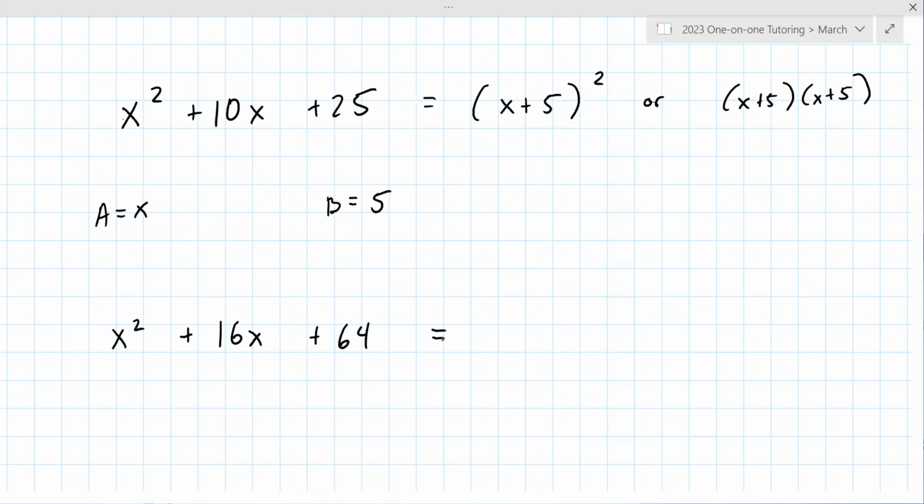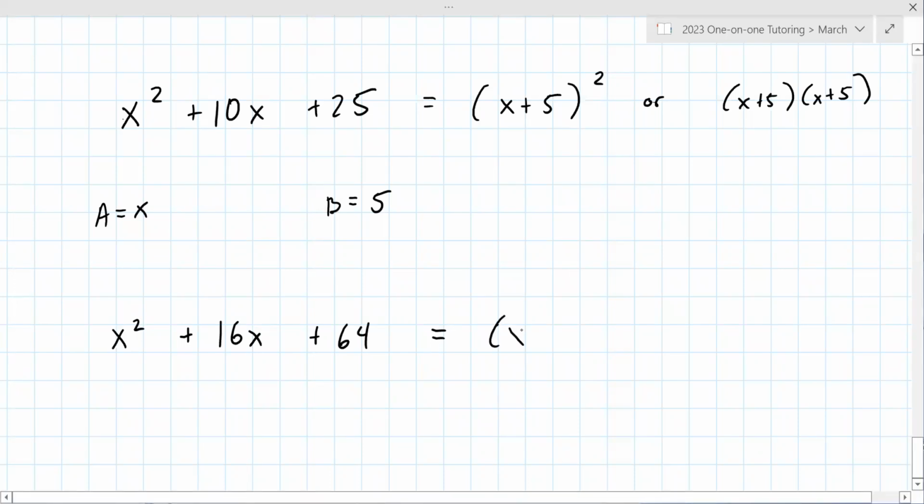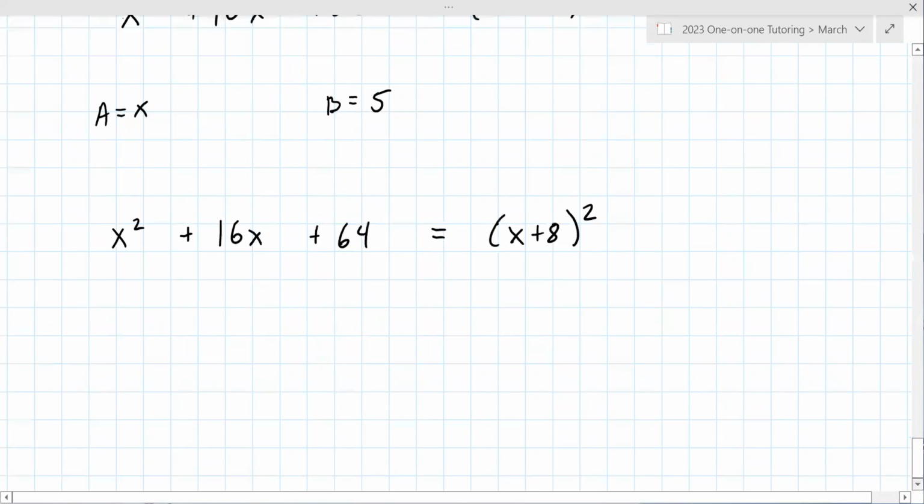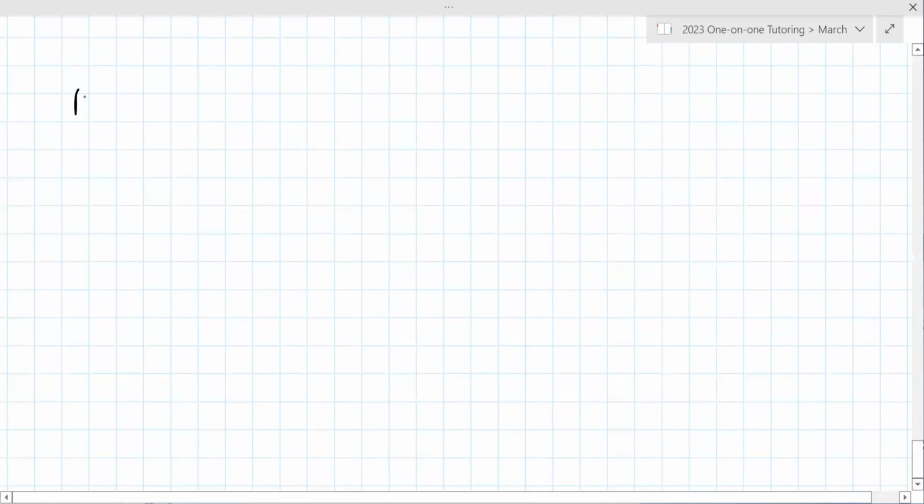This would be (x plus 8) squared. Very good. Awesome. Any questions on that before I change this up and make it a little more difficult? No. All right.